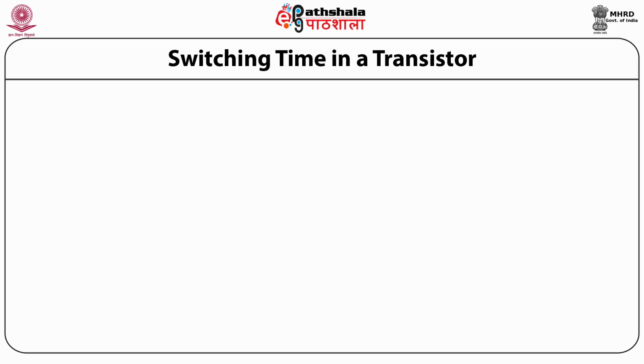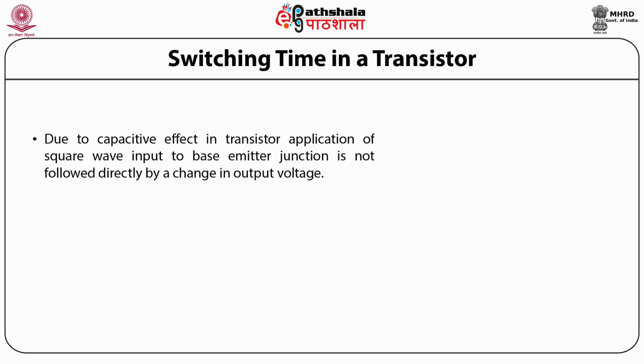Switching time in a transistor. This waveform shows that due to a capacitive effect in the transistor, application of a square wave input to the base emitter junction is not followed directly by the change in output voltage.